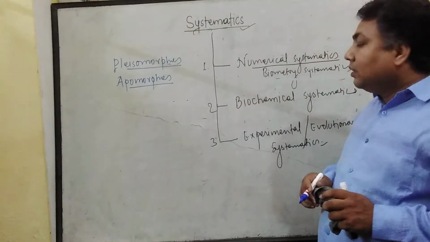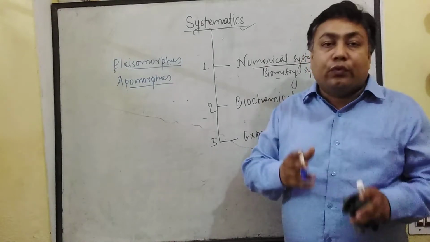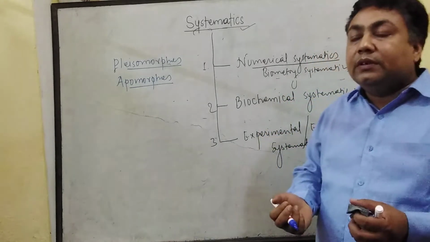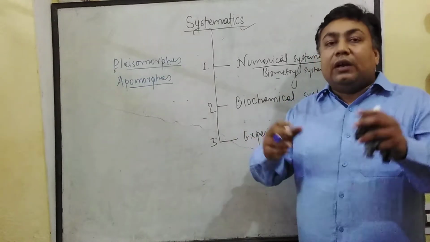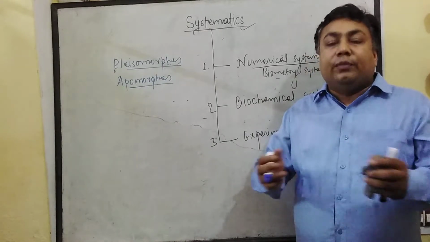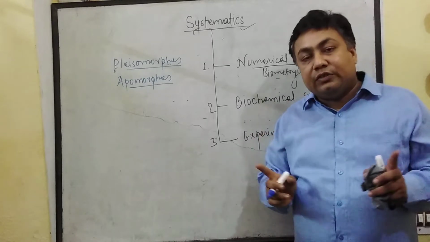So, numerical systematics compares these traits and finds out closeness among the taxa or individuals, and on that basis they design the phylogenetic tree.